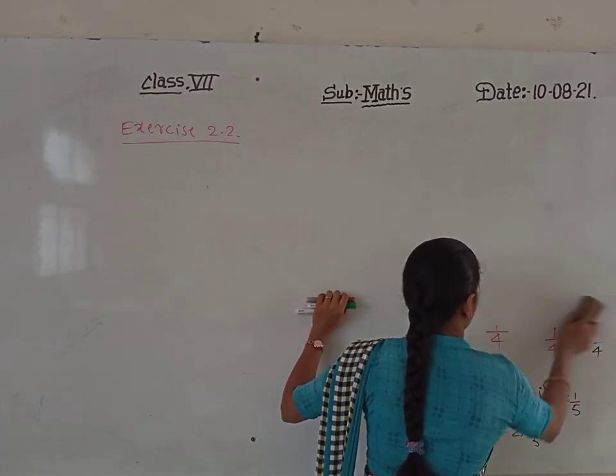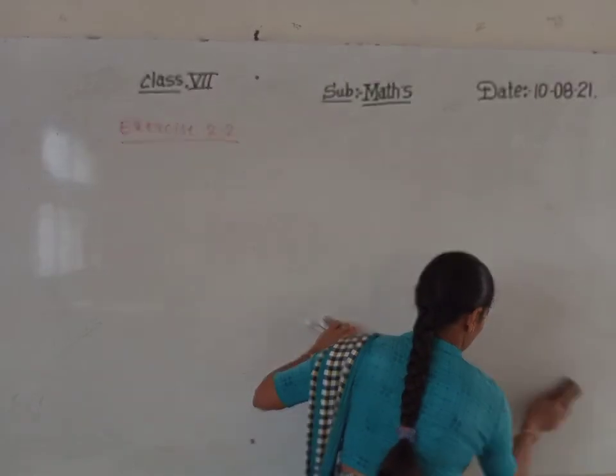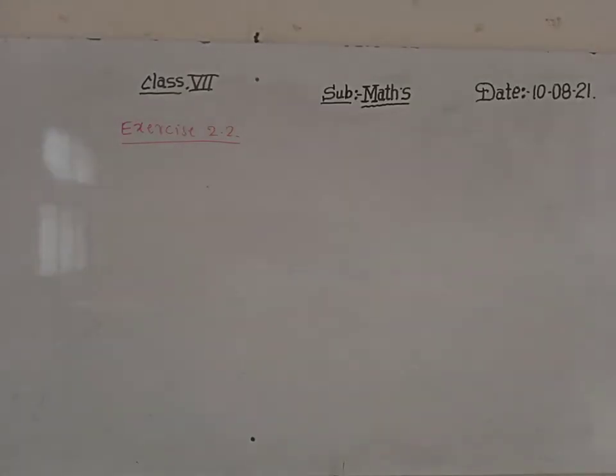Yes, see here. What is the second main question here? Same way, some pictures A to C are given below. Tell which of them show the fraction 3 into 1 by 5, that is 3 by 5. 2 into 1 by 3, that is 2 by 3, and 3 into 3 by 4. Here there are 3 fractions. 3 into 1 by 5.